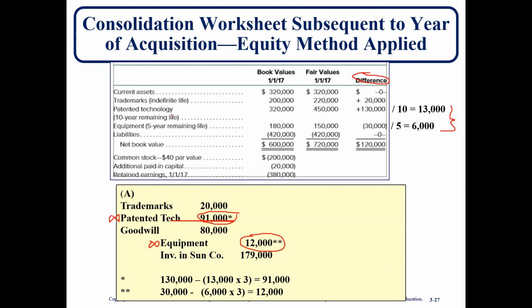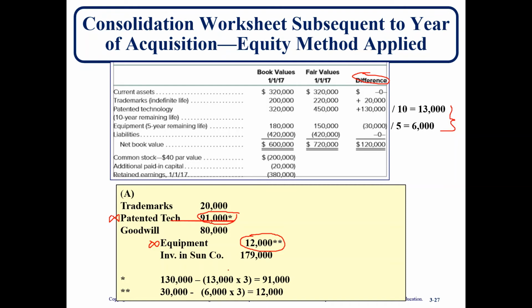If we're looking at patented technology, it will be the 130,000. So we begin with the 130,000, and then from 2017 to 2020 we have 3 years. So we have to take into consideration this accumulated amortization.